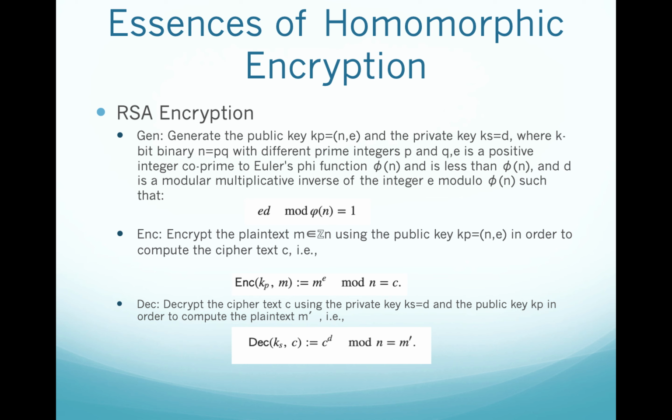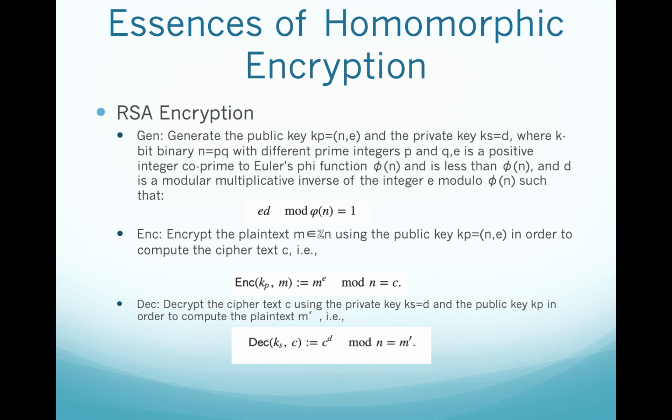And then we have our private key, KS, which is equal to d. And then we have a k-bit binary N equals P times Q. And for the P times Q, we're going to use two different prime integers. And then we also have e, which is a positive integer coprime to Euler's phi function, phi n, and it's less than phi n.